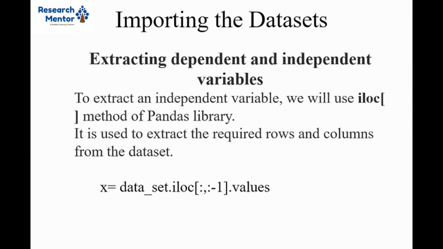The syntax is pretty clear: we write x equal to data underscore set dot iloc, colon, minus 1, dot values. With this code we can extract the independent variables as x values.